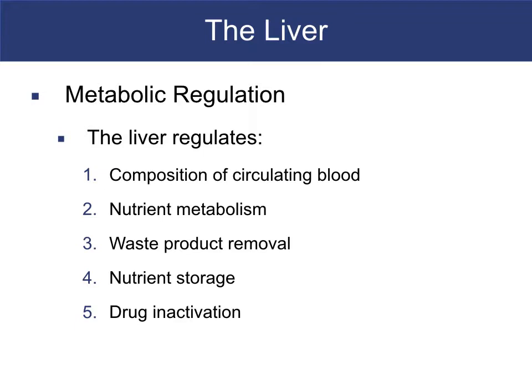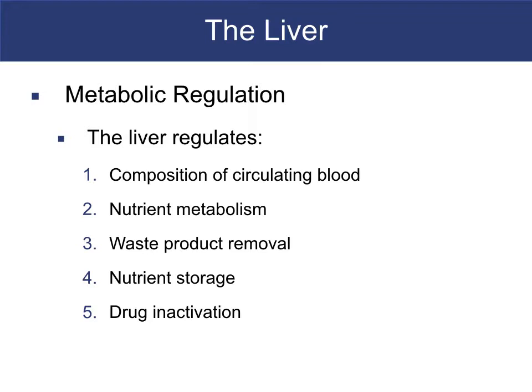The liver regulates the composition of the circulating blood, the nutrients. It breaks down waste products. The liver stores nutrients. Remember, we've always been talking about this one thing we try to store up before we go run a marathon, which is called what? Carbohydrate. Yeah, it's a form of carbohydrate called glycogen, right?